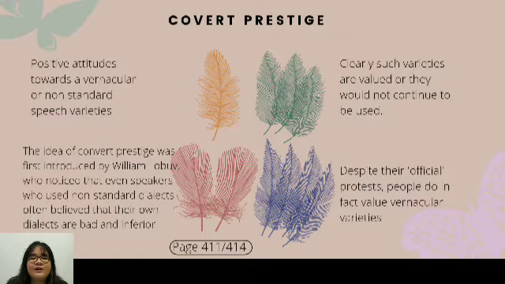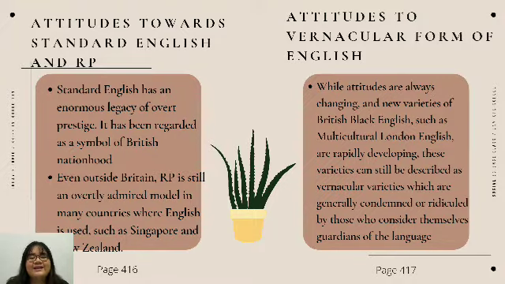So, next we will look into attitudes towards standard English and vernacular forms of English. Standard English has an enormous legacy of overt prestige. It has been regarded as a symbol of British nationhood. Even outside Britain, received pronunciation is still an overtly admired model in many other countries where English is used, such as Singapore and New Zealand. So, this shows the positive attitude towards standard English.